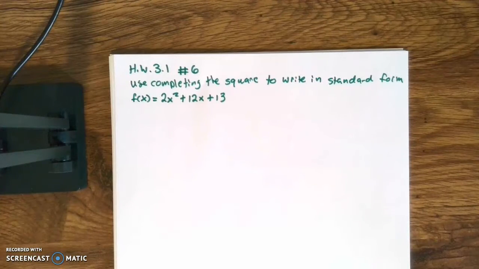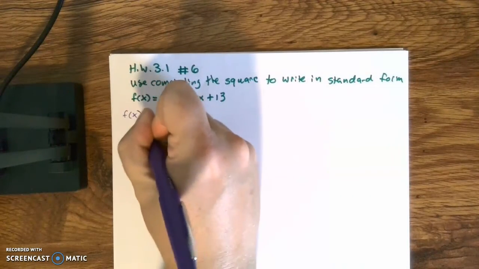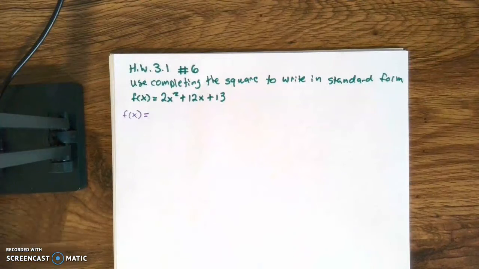So they use a really cool trick. I hadn't seen it before this book. So what they do is they factor 2 out of the first two terms.